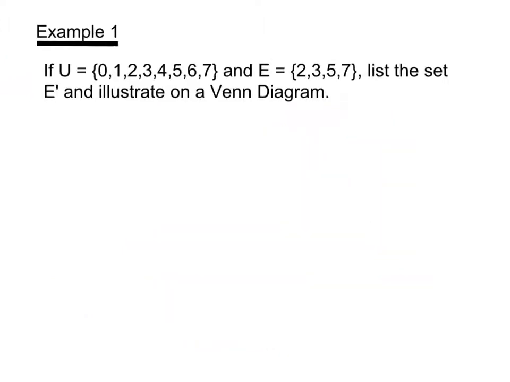So let's look at an example problem. Let's say that we have a universal set that includes the elements 0, 1, 2, 3, 4, 5, 6, 7. And we have another set, E, that includes the elements 2, 3, 5, 7.